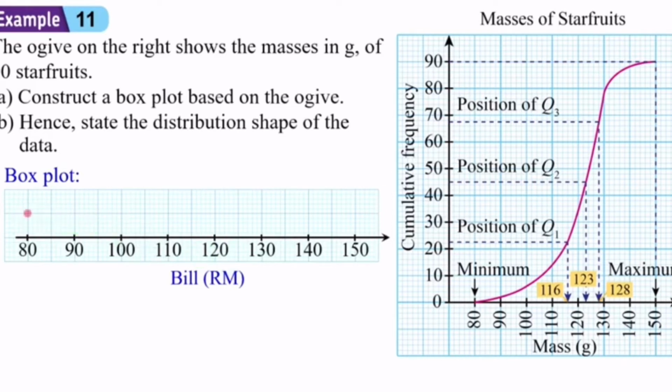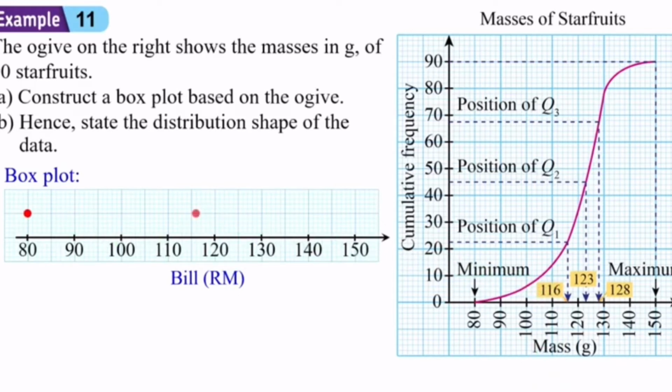The lowest is the minimum value, which is 80, followed by the first quartile, Q1, which is 116. Q1 is 116. So you need to read and count 6 boxes from 110.